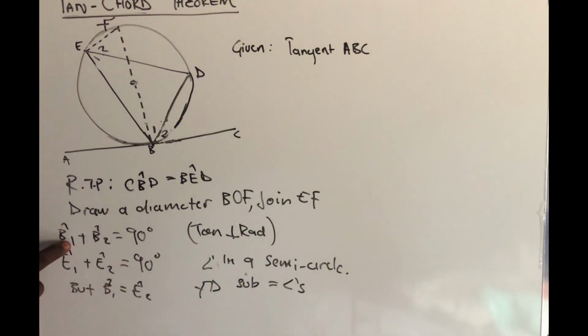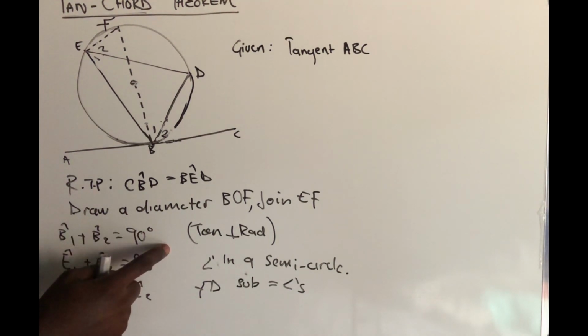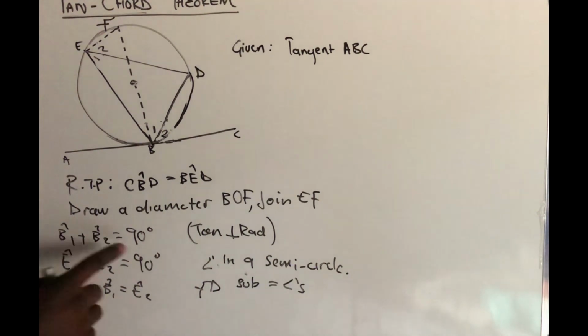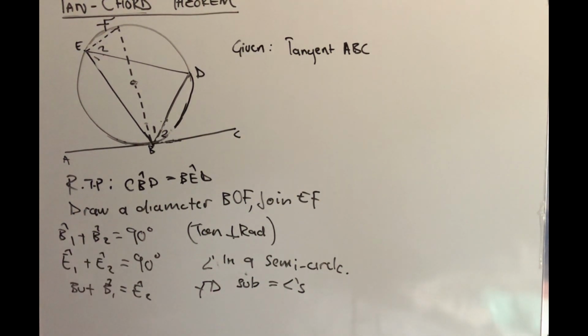Let's say from here now, we take B1 to the other side, B2 to the other side. That means B1 is going to be equals to 90 minus B2. And then we take E2 to this other side. We'll have 90 minus E1. That means B1 and E2 will both be equal, since they are both equal to 90 minus the other angle.